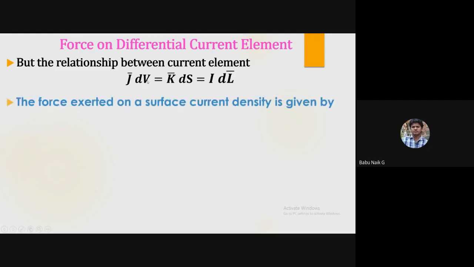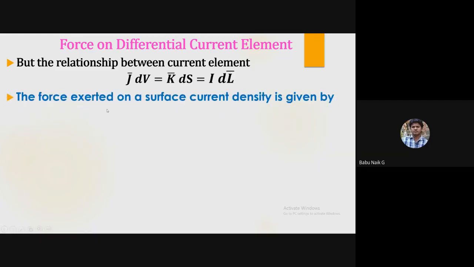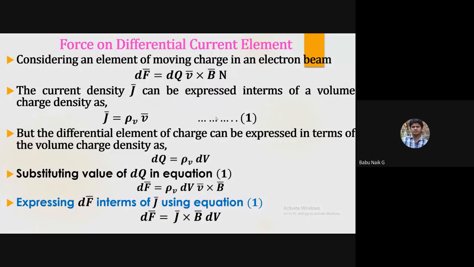So considering the length element here, this one is surface area and this one is volume. By having this, we can calculate the force on a surface current density: the force is equal to K into B bar into ds. In the previous slide we have seen the force for the volume distribution, current density cross B bar.